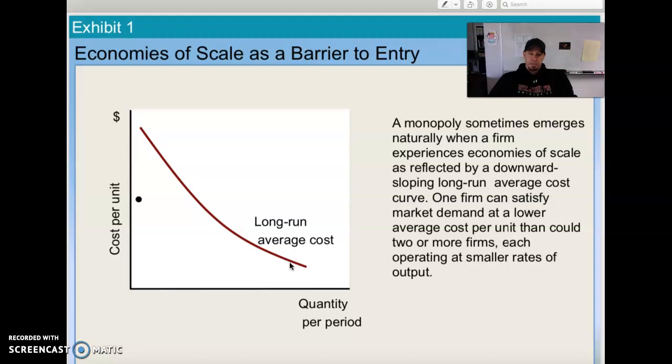So if a new cell phone company tried to get in and compete with AT&T and Verizon, they are competing against this economies of scale. As they are just starting out and they have fewer buyers, their costs are still up here. And what Verizon and AT&T can do is they can stay in at a lower cost. They're providing more.